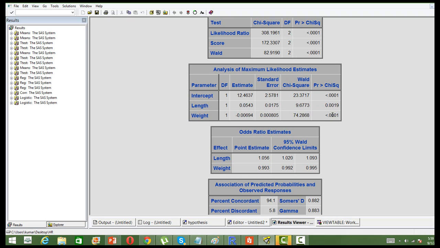Look at the estimate. I just want to know positive or negative. Length is positive, so it has a good impact. And weight is negative, meaning more weight, bad car, and more length, good car. Clear? And how much it affects?